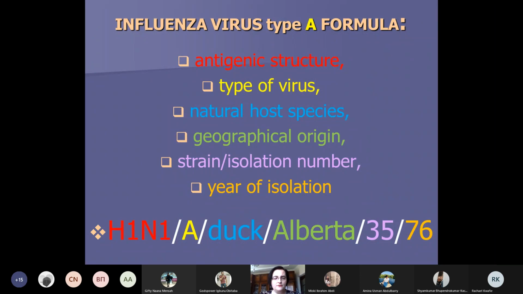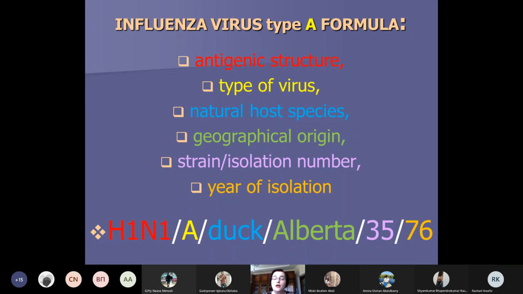Influenza A virus is responsible for most cases of severe illness, as well as seasonal epidemics and occasional pandemics. It infects people of all ages, but tends to disproportionately cause severe illness in the elderly, the very young, and those who have chronic health issues.